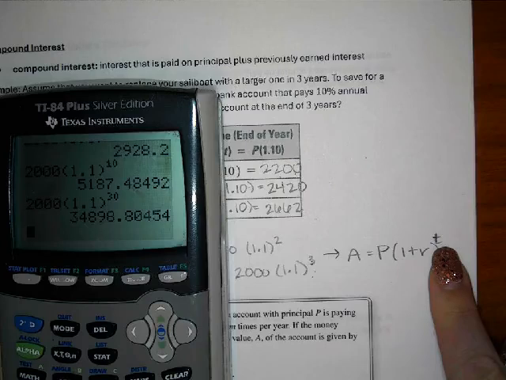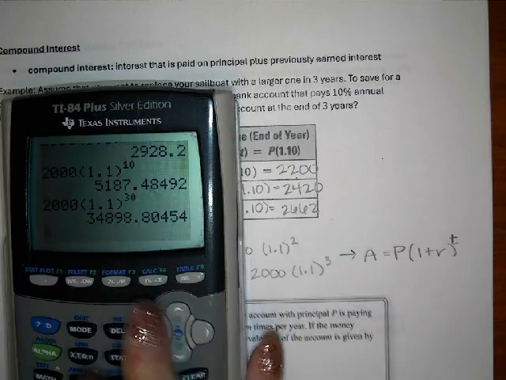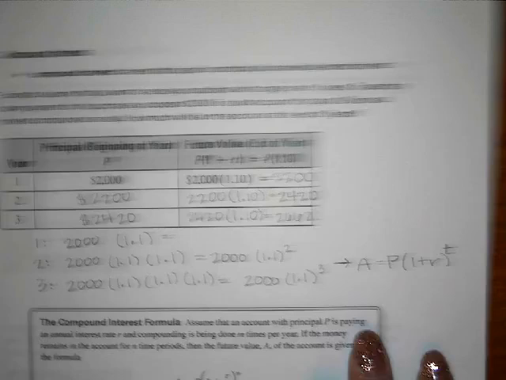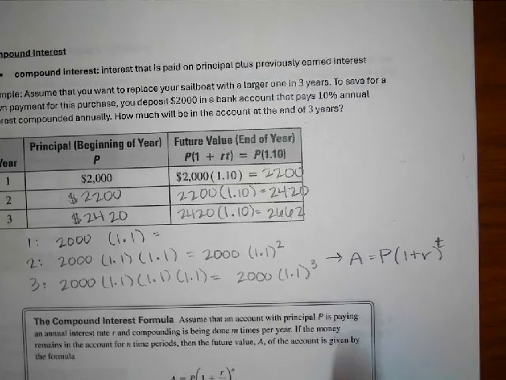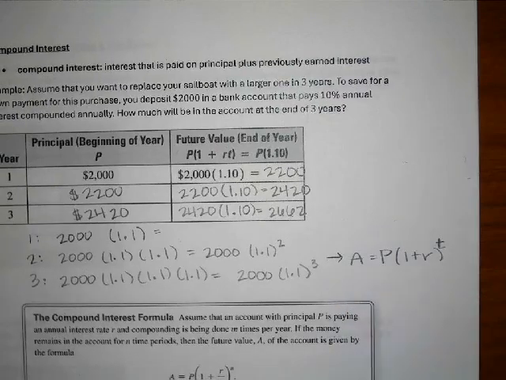So we did a 3 for 3 years, a 2 for 2 years, or we did just the 1.1 for 1 year. So this is the formula that we could work with to do compound interest if we were just talking about compounding interest once per year.